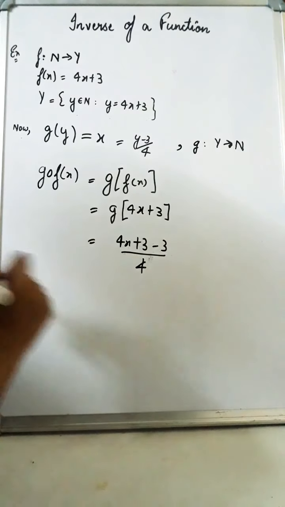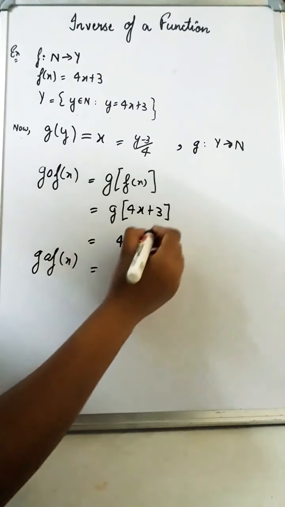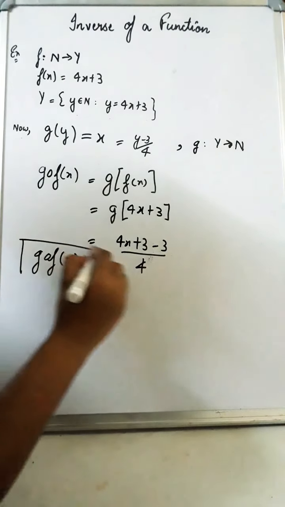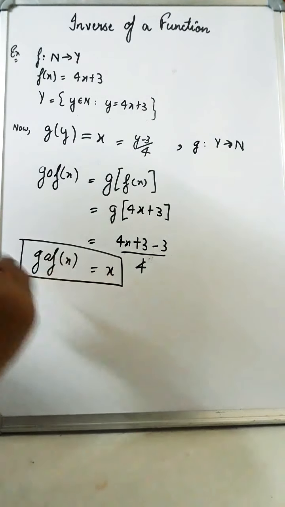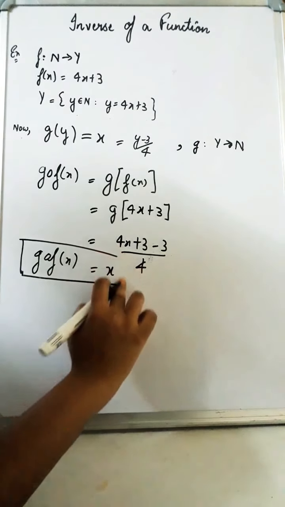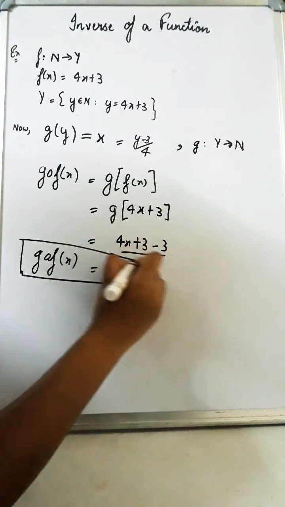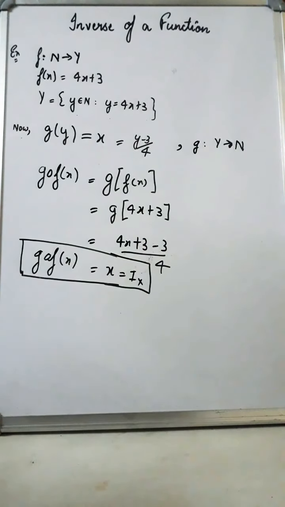Right? So what is g of f of x? 3 minus 3 is zero, 4 cancels, it is x only. So what did you get? g of f of x is x only. This means it is an identity function. Right? So another condition is also satisfied.